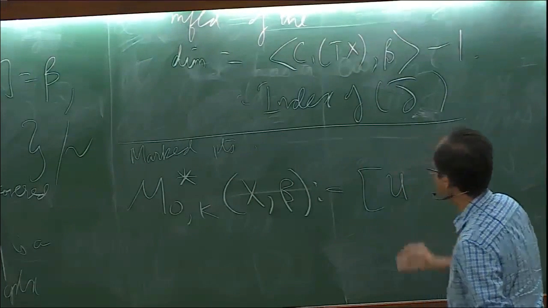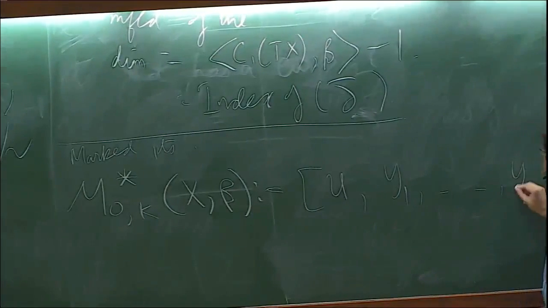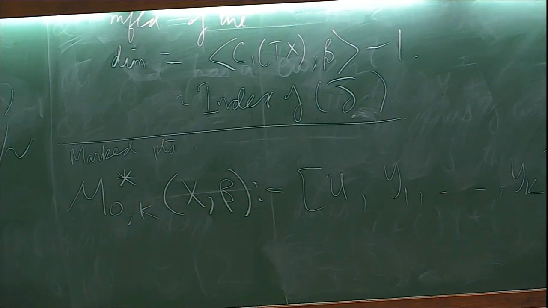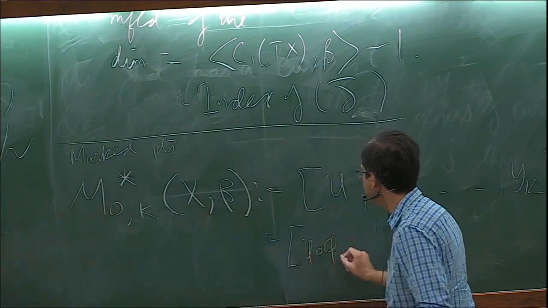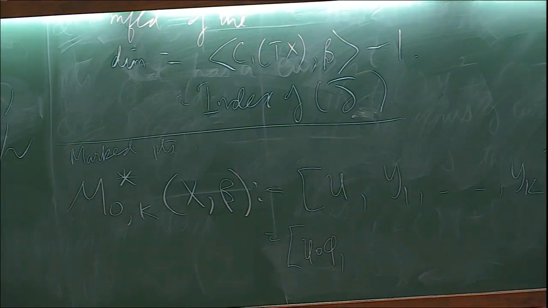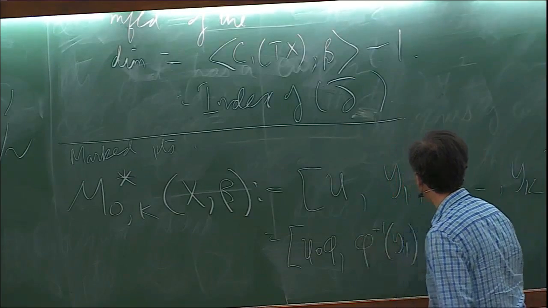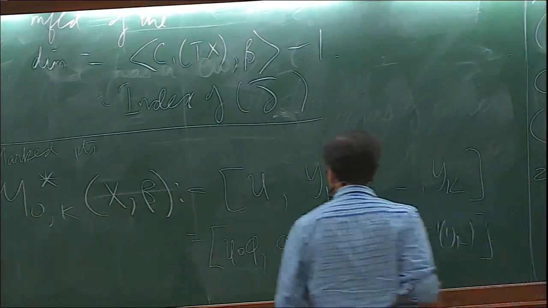It is basically U, a map of degree beta, and K distinct marked points. The definition is self-evident, but the question is what happens when there is an automorphism. If there is an automorphism, U is the same as U composed with phi. But what happens to the marked points? The marked points go to phi inverse of Y1 through phi inverse of Yk.